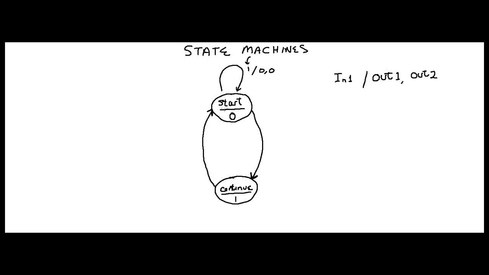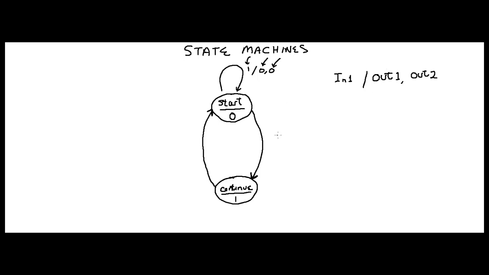So if you clock it, it's going to stay in the start state no matter how many times you clock it, as long as in 1 is equal to 1. In addition to that, out 1 output right here, and out 2 right here, they're both going to output the value of 0 every time it's clocked. That's what that's saying.